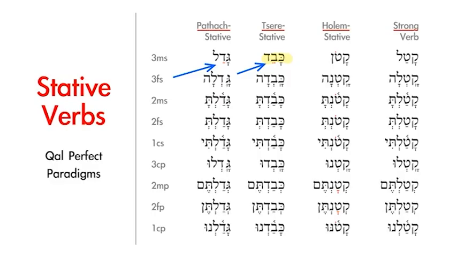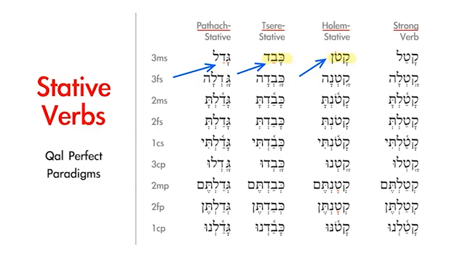With holem stative verbs, we're going to see a spelling change in most of the forms, and that is the presence of an O-class stem vowel. So instead of an A or an E-class stem vowel, in the holem stative, we're going to see an O-class stem vowel, as in katon. In the 3fs, the stem vowel has reduced, and so there's no change in spelling there.